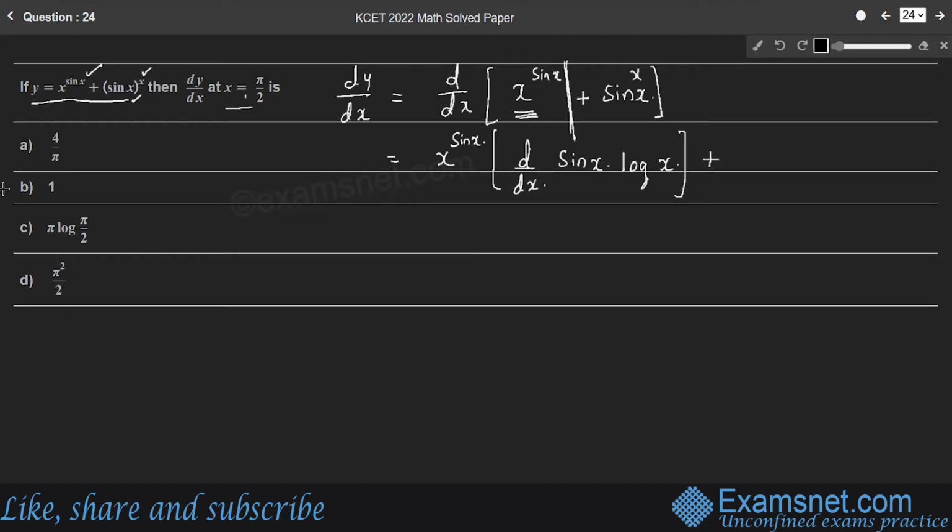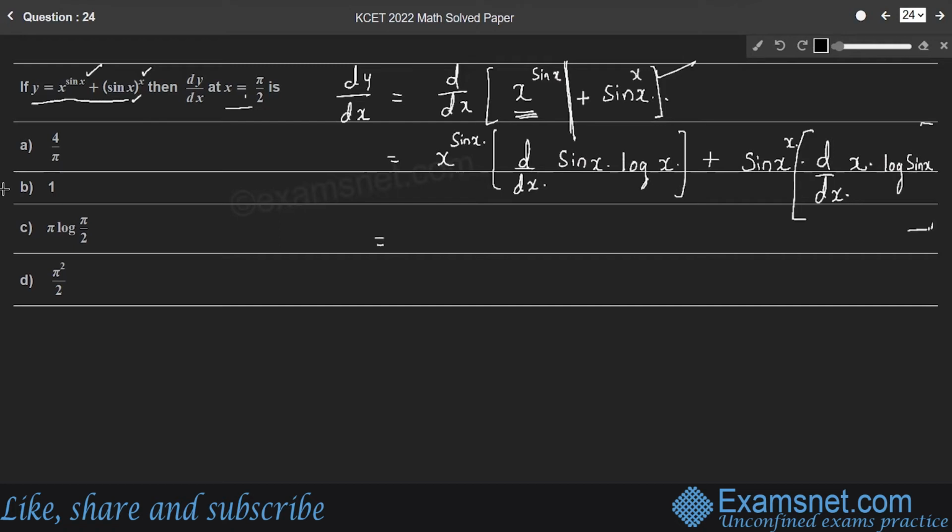Plus the derivative of the second term: sin x raised to x into d by dx of the power x into log of the base, which is log of sin x. This is how you have to take the derivatives.